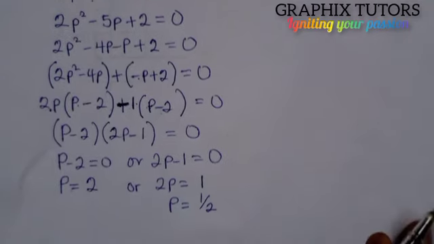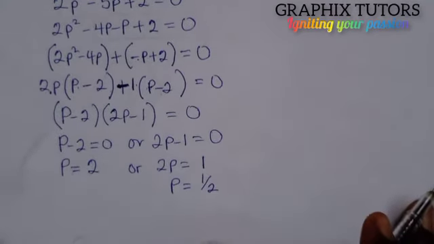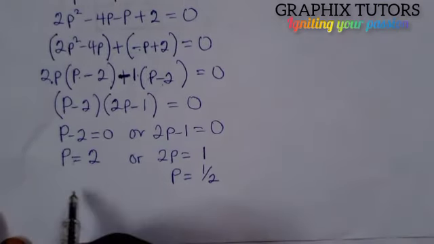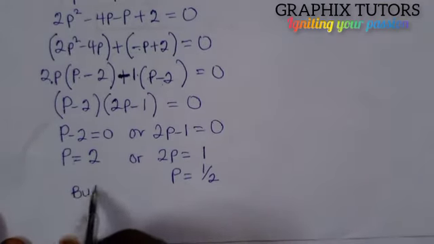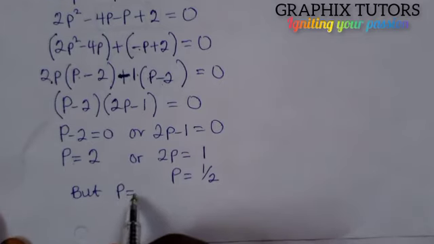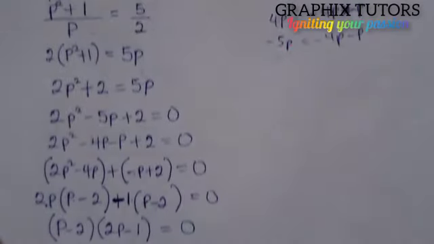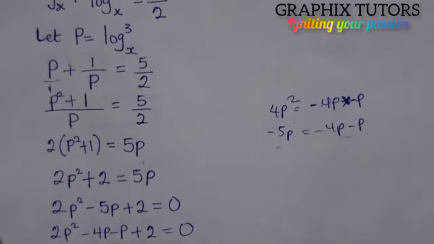But there's something happening here. P is equals to what? Log x to base 3. Right? If you remember that. Look at this. We said p equals to log x to base 3. So what would we do from what I did earlier?